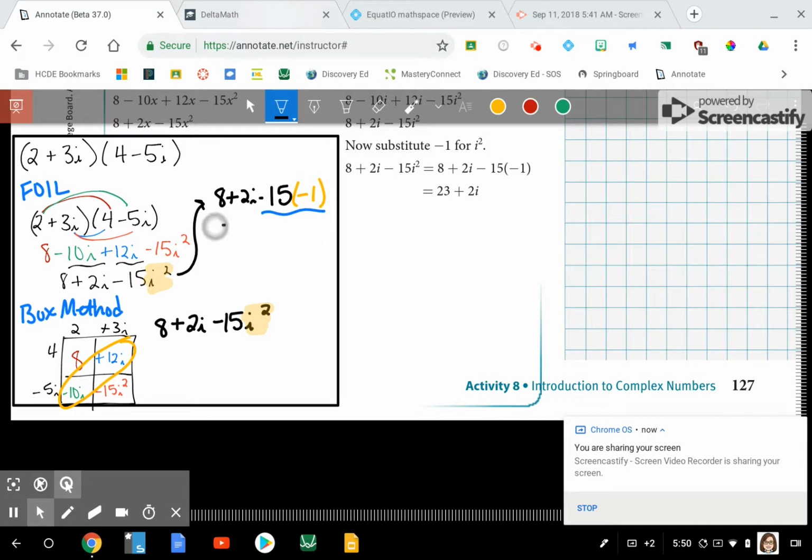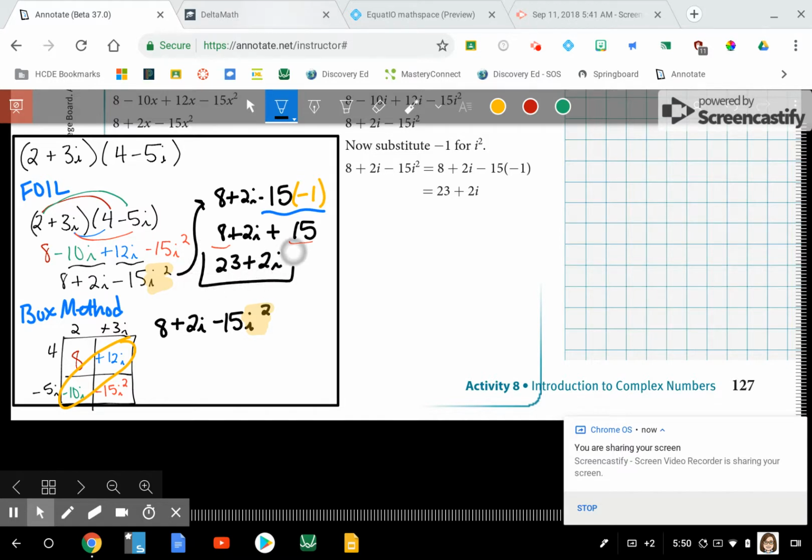So right here, we really have 8 plus 2i, and this is going to be a positive 15, because -15 times -1 would be a positive 15. Again, we have two terms to combine, the 8 and the 15. So our final answer should be 23 plus 2i.